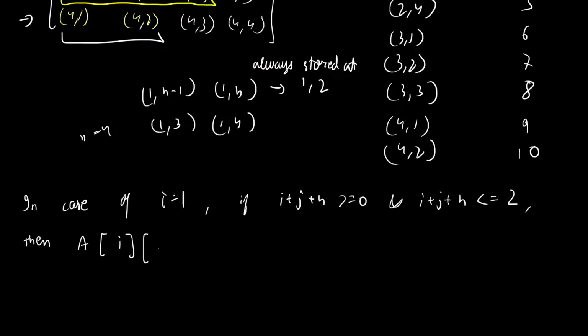How can we represent 3 and 4 or 2 and 3 in terms of n and j? Because we need to derive a formula. So for the formula we have to use these terms. So a i, n minus 1, let's suppose, or aij, that will always be stored at 1 and 2.